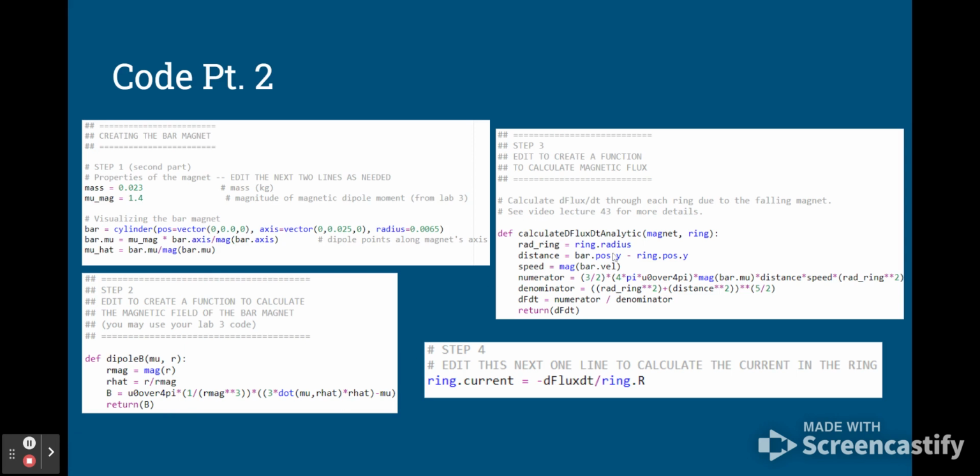I use the magnetic field to find the change in magnetic flux, or dF/dt, and 4 pi is coming from, and the 5 halves is all coming from taking the derivative of the change in magnetic flux, which is magnetic field times area. And then the current is the negative flux over resistivity, and the change in flux is the EMF.